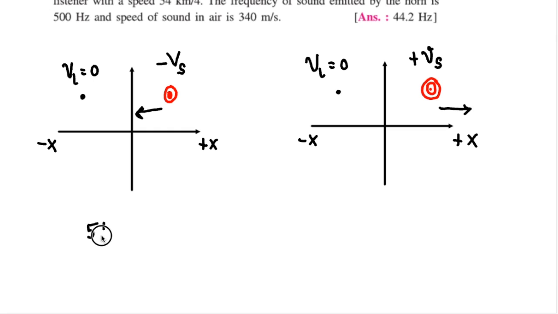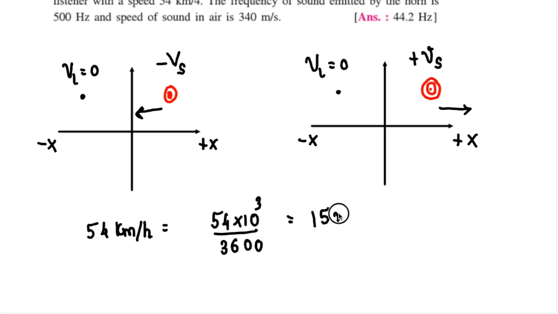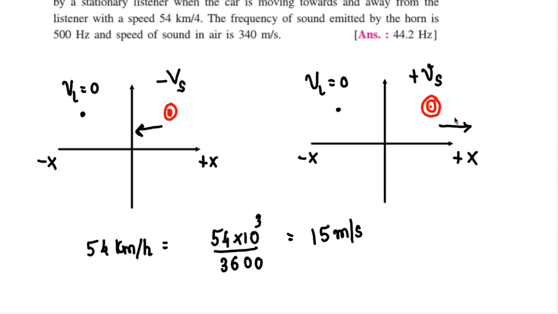Hence 54 km per hour is equal to 54 into 10 raised to 3 divided by 3600, and that is equal to 15 meter per second. Here it is moving 15 meter per second away, and 15 meter per second towards.